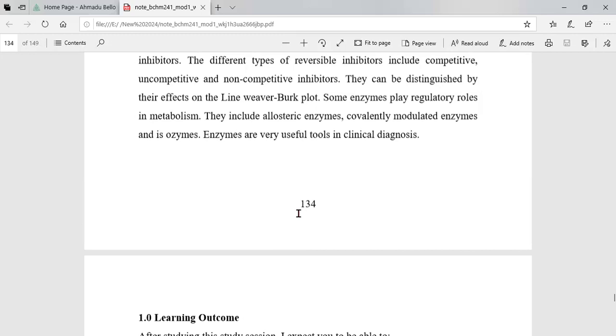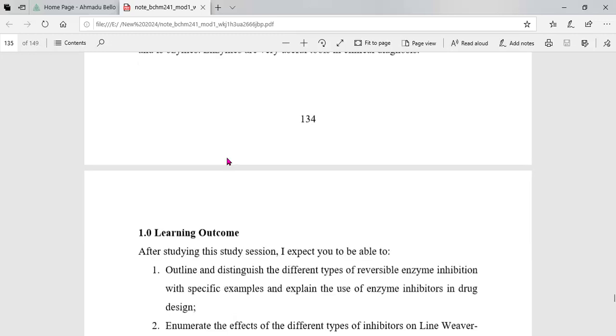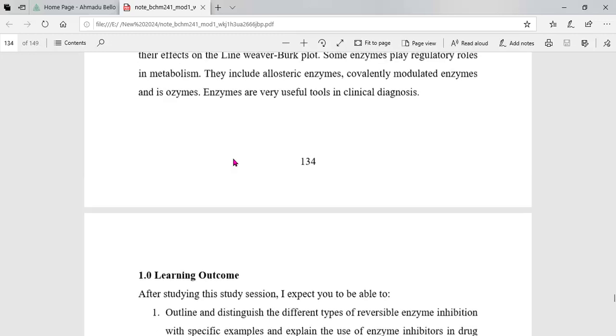In addition to the active site, they have other binding sites, mainly for regulation, for controlling the activity of the enzyme. We also have covalently modulated enzymes, and enzymes are very useful tools in clinical diagnosis.